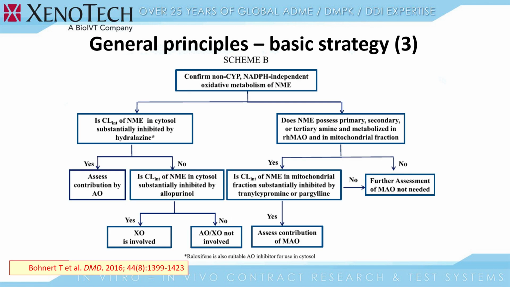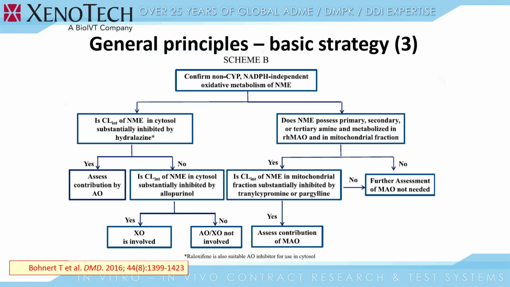And lastly, scheme B. So if the drug is cleared through metabolism, but it is NADPH independent, but still oxidative metabolism, ask the question, is clearance of the compound in cytosol inhibited by hydralazine?